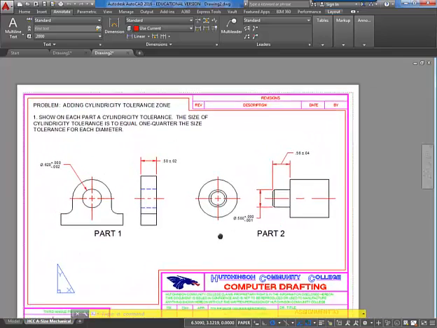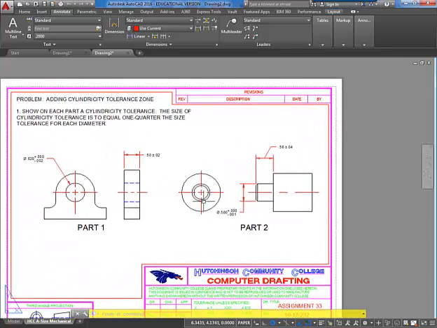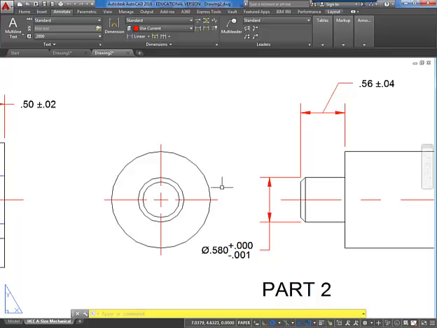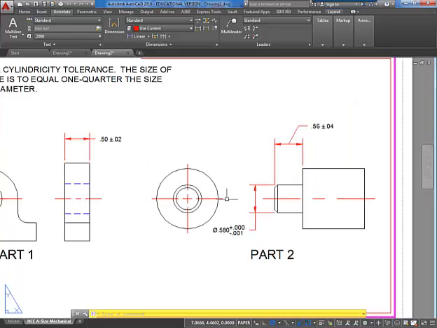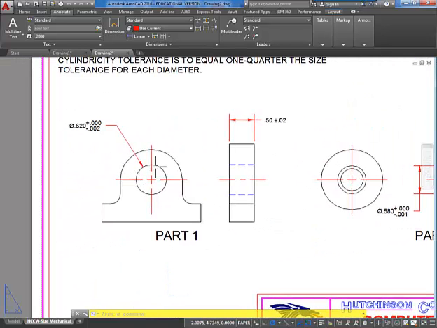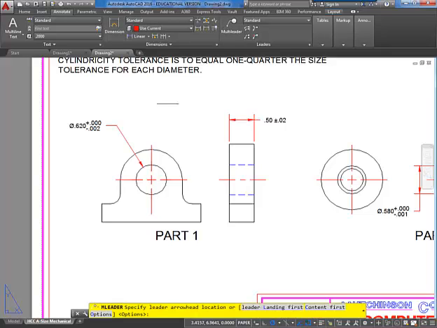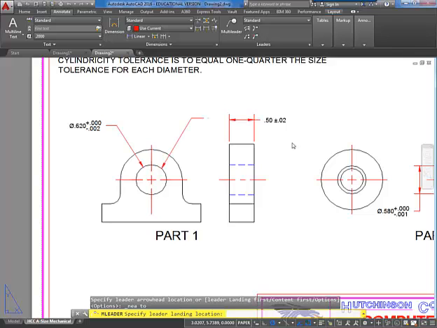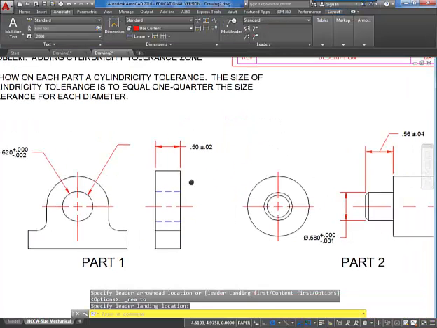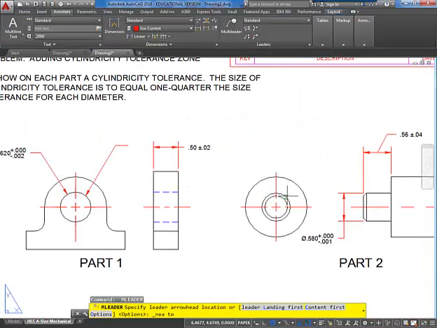So can you apply the cylindricity to holes as well? Is that what you were saying? Yes. But as I'm calling them out with my leaders, so this would be okay. And then I could put my cylindricity. This would be okay.